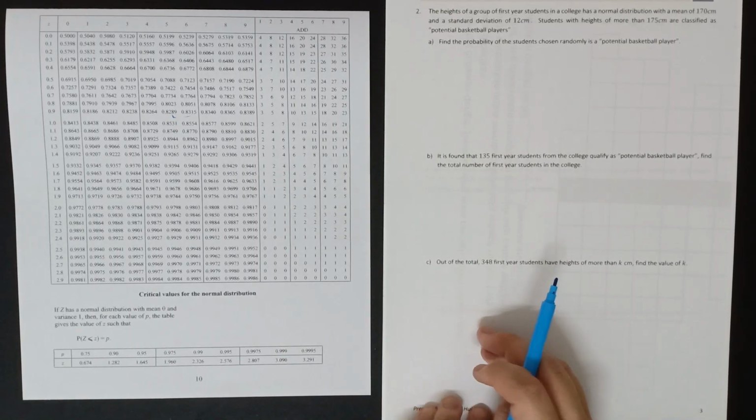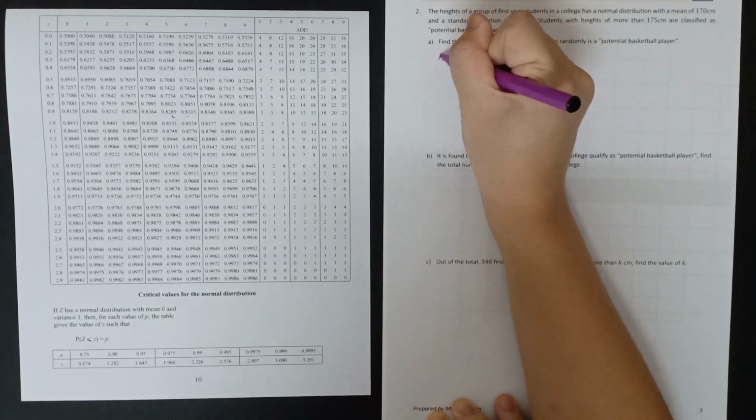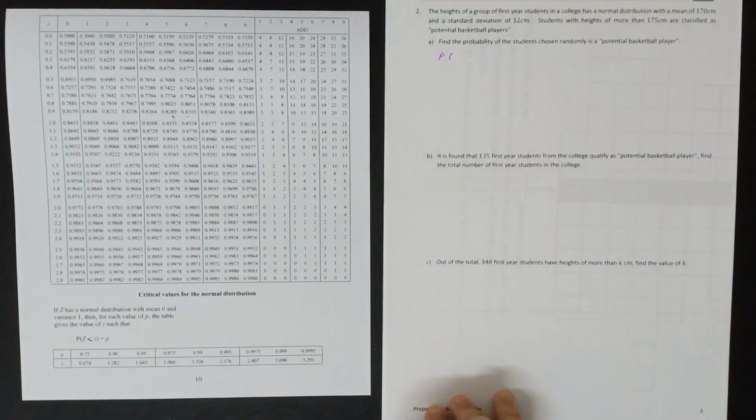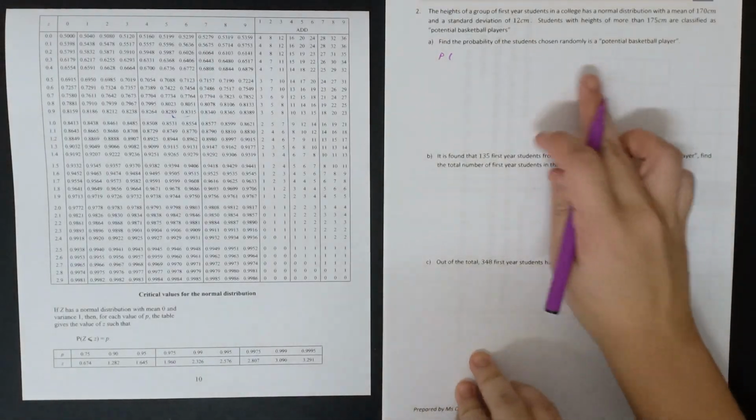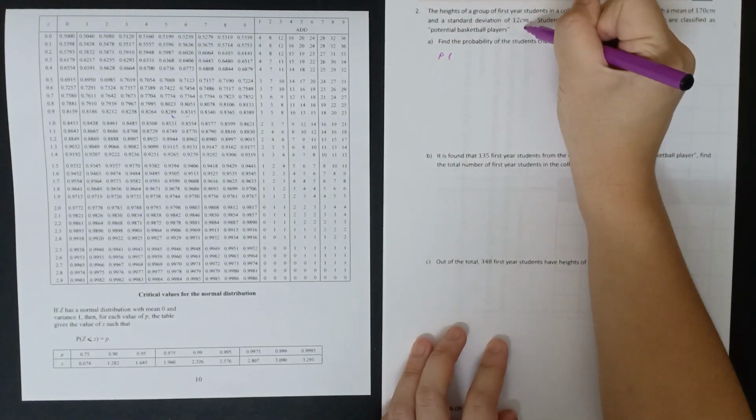This one is still quite easy, very similar to your previous question. You want to find the probability for the students to have a height that is more than 175. Maybe you can first write down what the x means here.